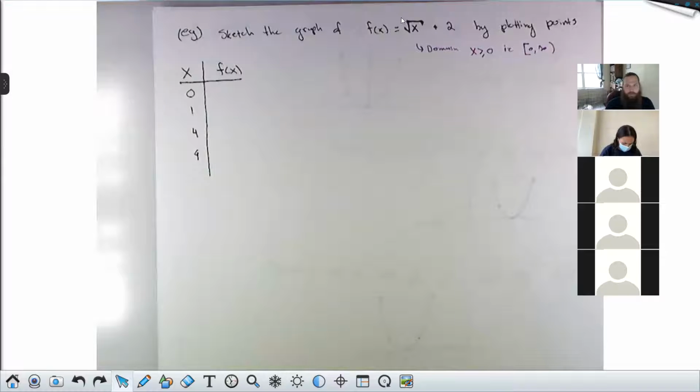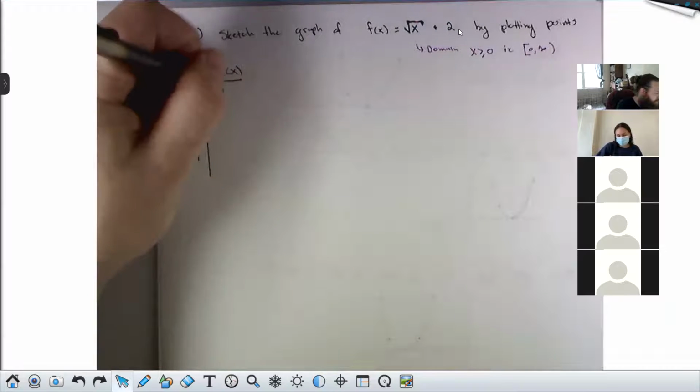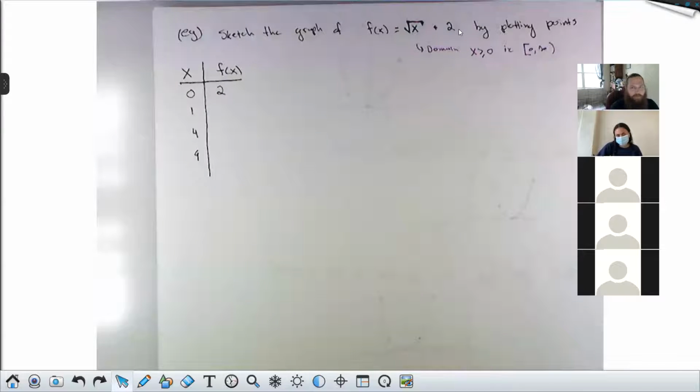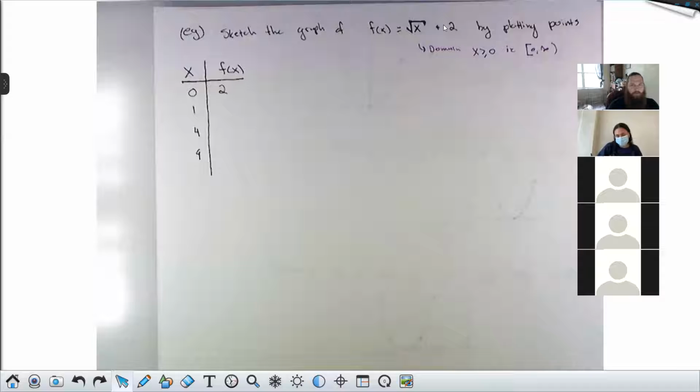f of 0 is the square root of 0 plus 2. Again, the plus 2 is outside the square root. So the square root of 0 is 0. 0 plus 2 is 2. So f of 0 is 2. f of 1 is the square root of 1 plus 2. And the square root of 1 is 1.